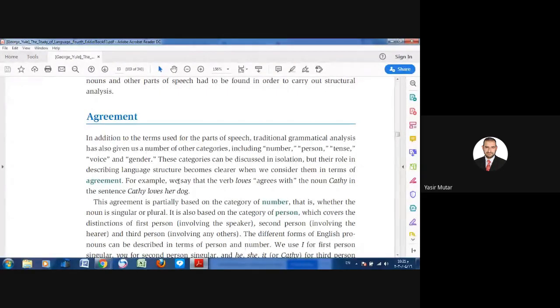So agreement here is something very important. We have to know what agreement is.